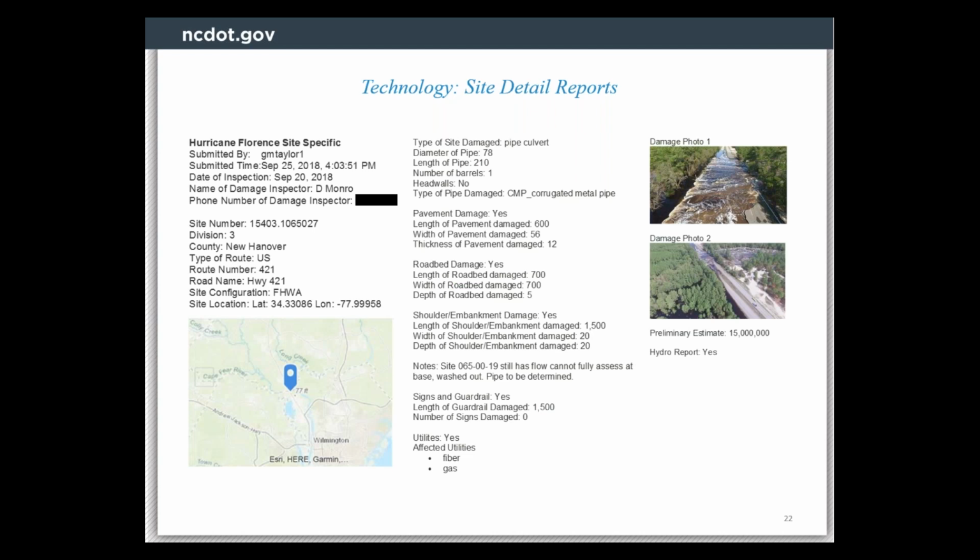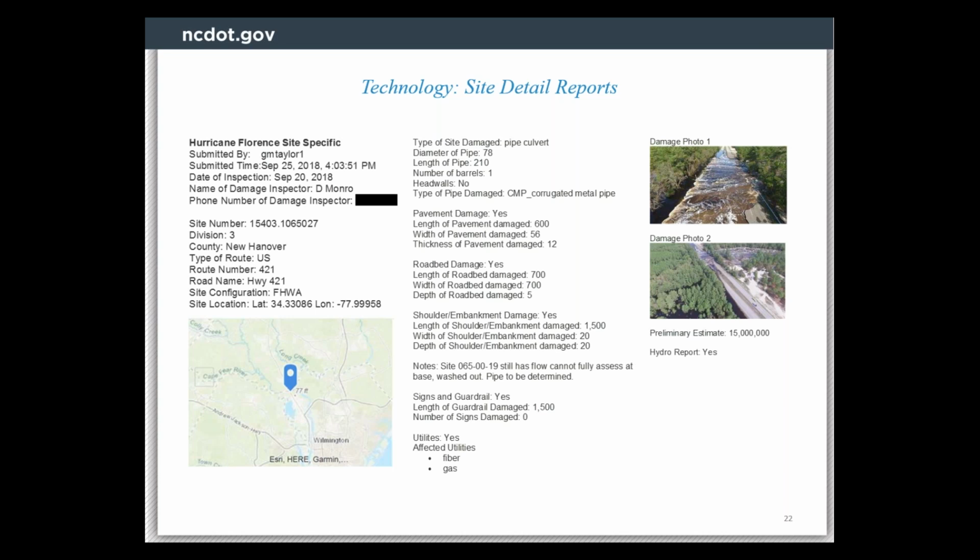Also, in addition to getting the information in, we're able to report out of this particular application. And again, I mentioned before that we began with the end in mind. This is a sample of a site detail report that has all the information that we would need to provide for the beginning stages of our financial recovery.